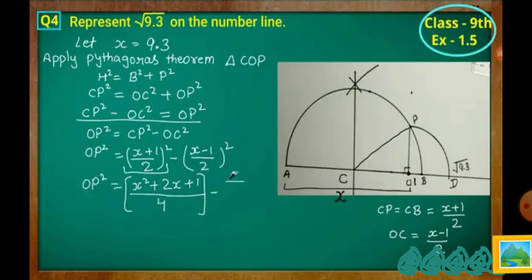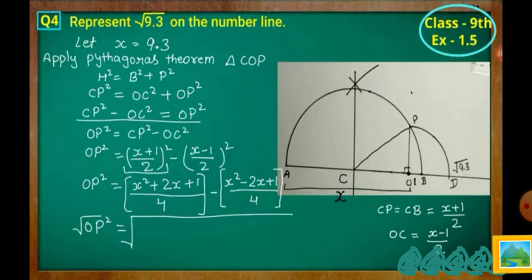This also you should expand. Again use the algebraic identity a minus b whole square. So x square minus 2x plus 1 divided by 4. Observe children, here the denominator is 2, that becomes 2 square, so 4. Now both are like fractions, so you take denominator as 4 and directly you simplify.